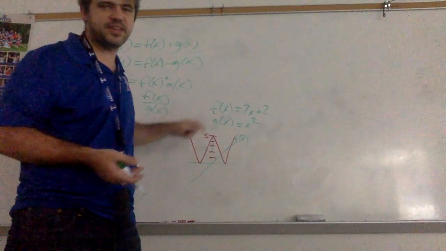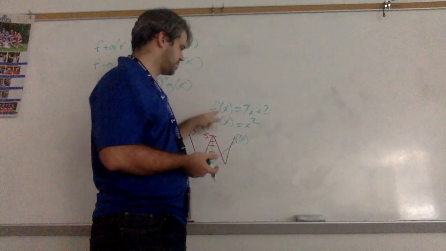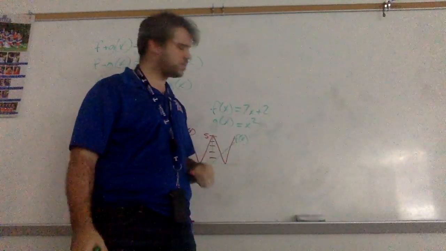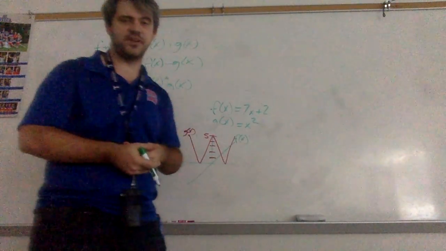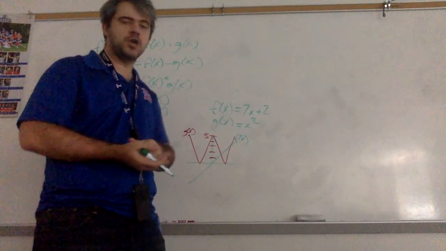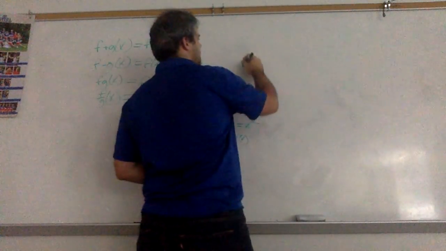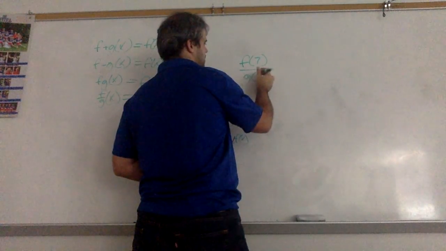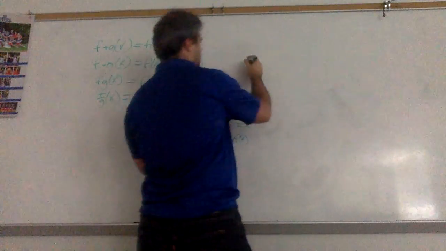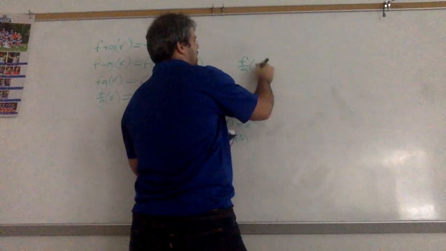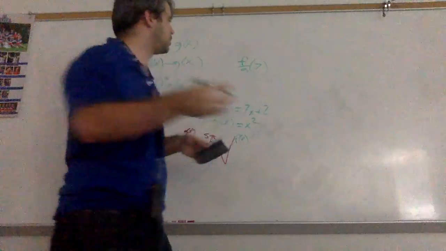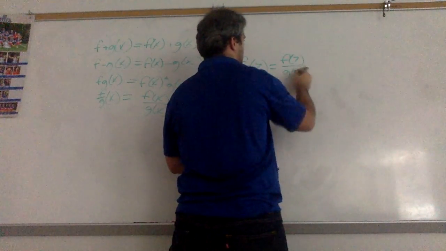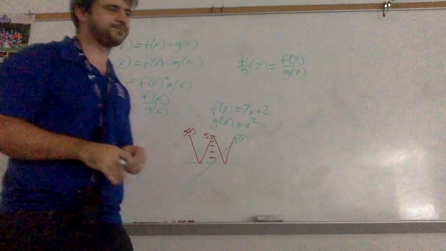Let's say that this is now our two functions. F of x is now defined with an expression, 7x plus 2. G of x is defined as x squared. So let's find f over g of 7, which again should just be f of 7 divided by g of 7.